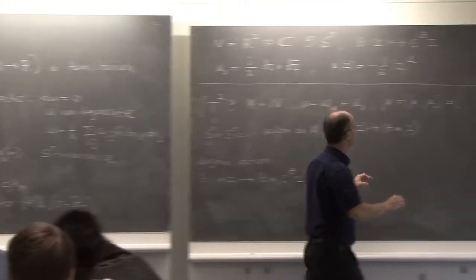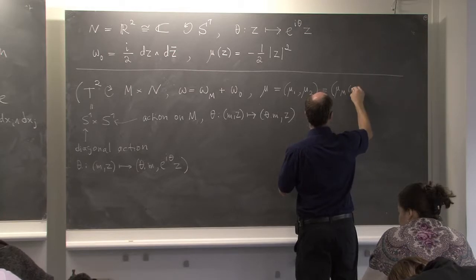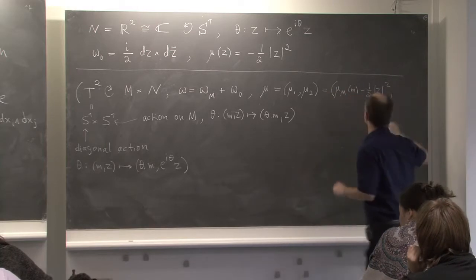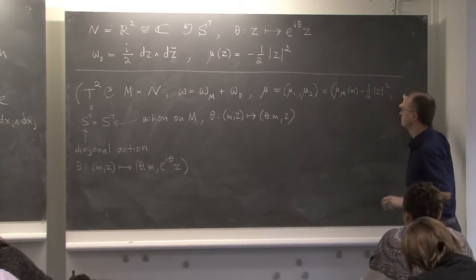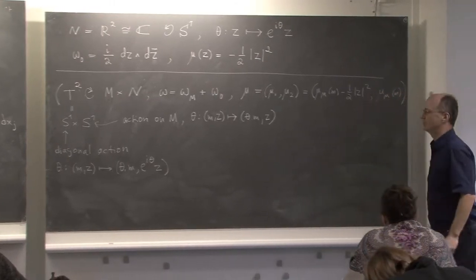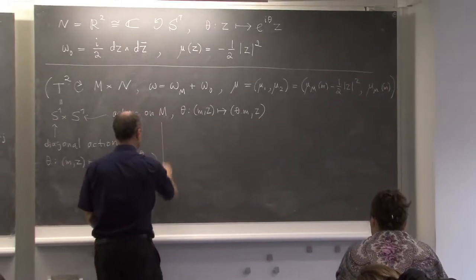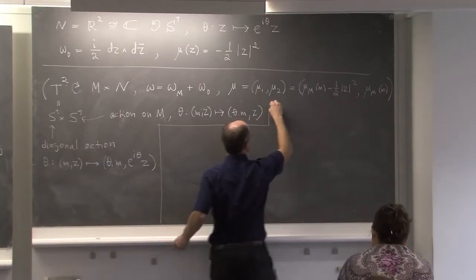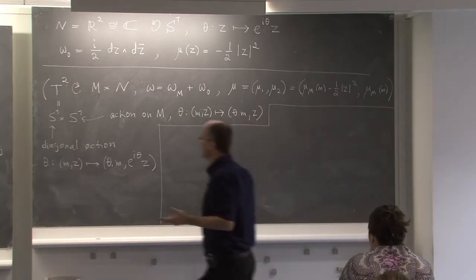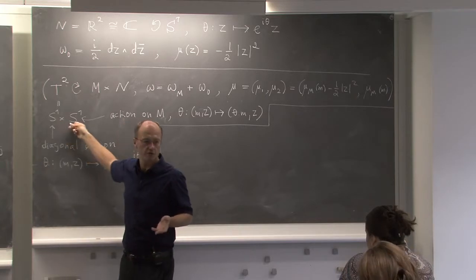So here, this will be mu m of m minus 1/2 |z| squared, and the second one will be simply mu m of m. Well, so in this setup, I can do reduction with respect to any of those S1 actions or with respect to both of them together.